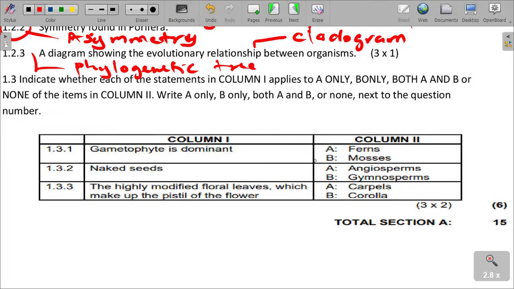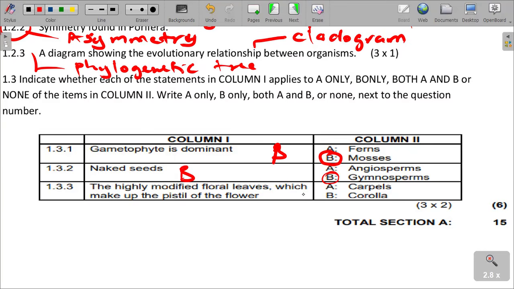So we are saying B. Naked seeds are found mostly in the gymnosperms, which is B again.